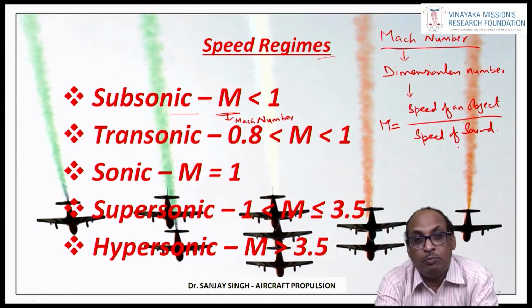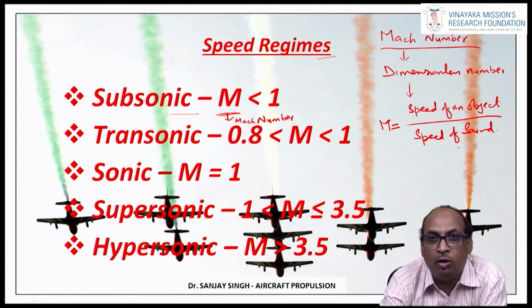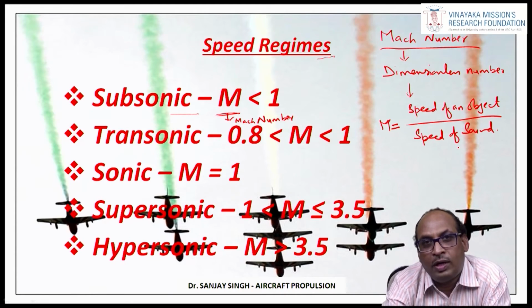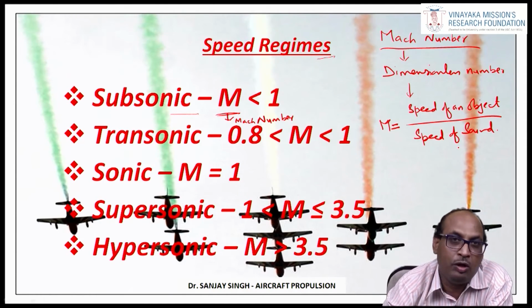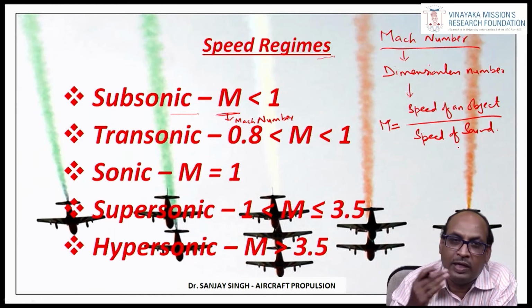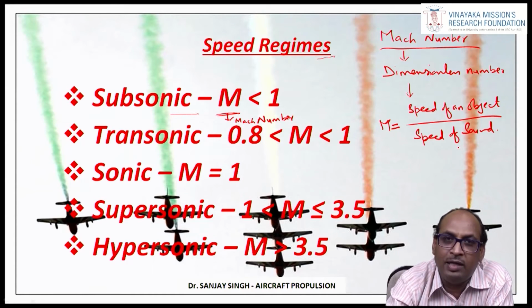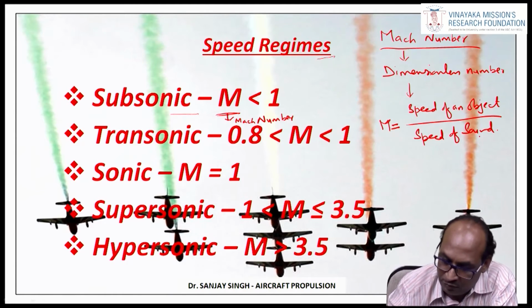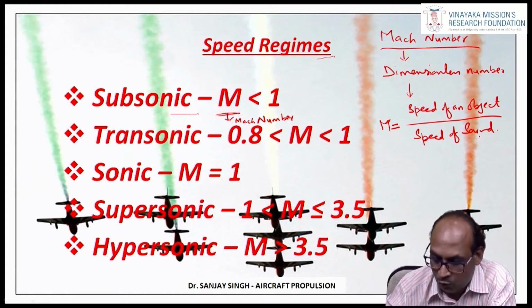So what actually is a Mach number? When the speed of any object is compared with the speed of sound and expressed in that form, then we can express it as Mach number. In this way we can use Mach number for expressing the speed of an object with respect to the speed of sound.